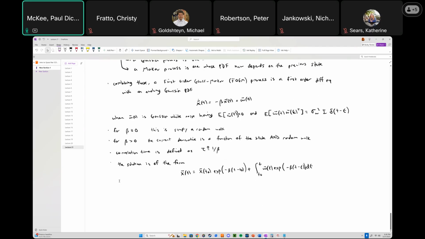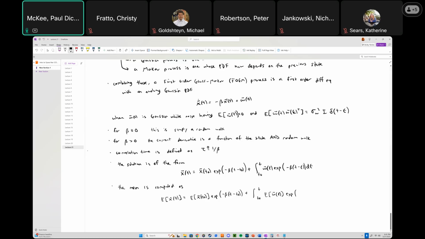So the mean is computed as the expected value of our bias term is equal to the expected value of x at the initial time, times the exponential function of negative beta (t minus t0), plus the integral t naught to t of the expected value of omega of epsilon, and then, sorry, there's expected value and then the exponential function.